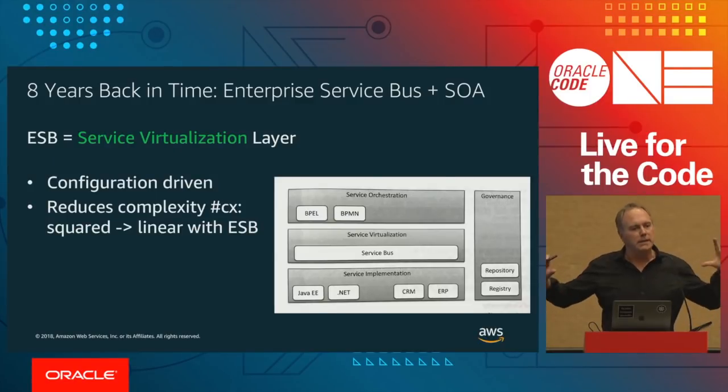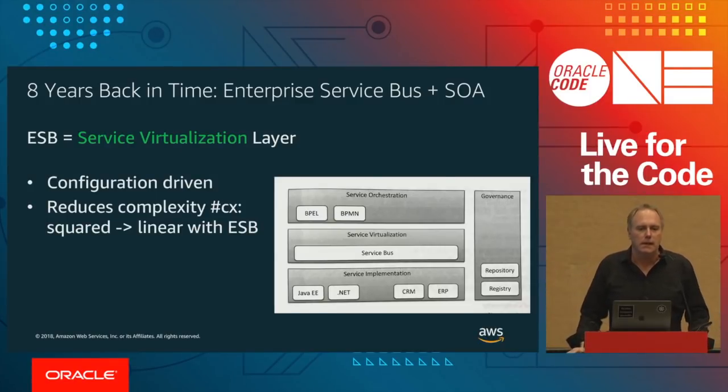And if you put a bus in the middle, this is reduced to a linear complexity, which makes a lot of sense. So if you need to change something, you just change the input or the output from the enterprise service bus. In Kafka presentations you see this, but it's a core architectural principle that existed even before. I don't blame them for using it, but Service Bus does exactly the same thing.